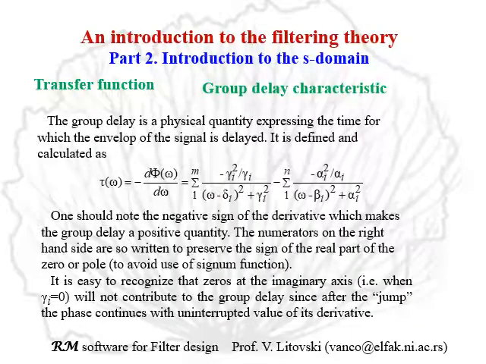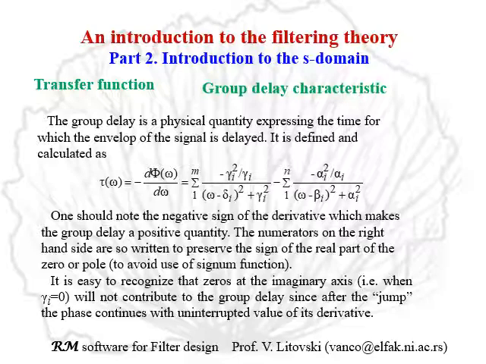Now, since we saw the problems related to expressing and calculating the phase, we instead use the group delay as a physical quantity expressing the time for which the envelope of the signal is delayed.